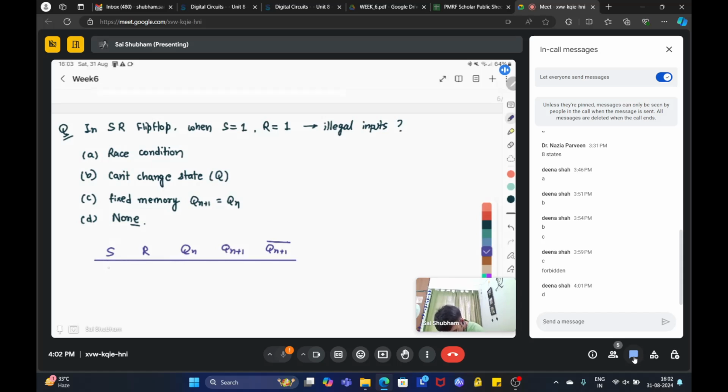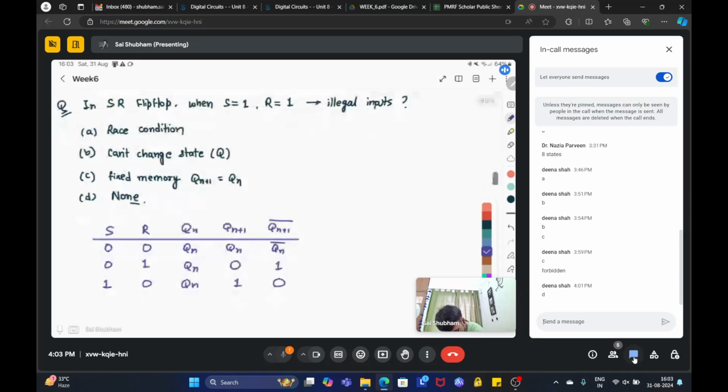So when this is 0 and 0, whatever is Qn, that will be your Qn plus 1, and Qn plus 1 bar will be Qn bar. In case of 0, 1, no matter what is your Qn, Qn plus 1 will be 0 and this will be 1. Similarly here you have 1 and 0.